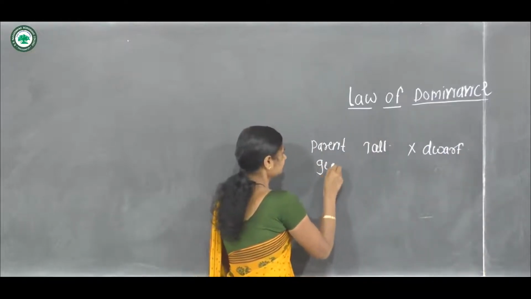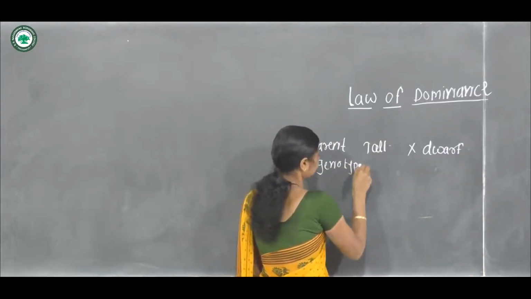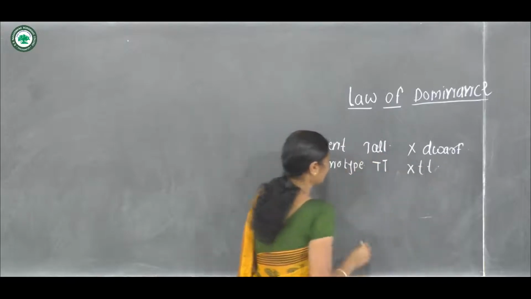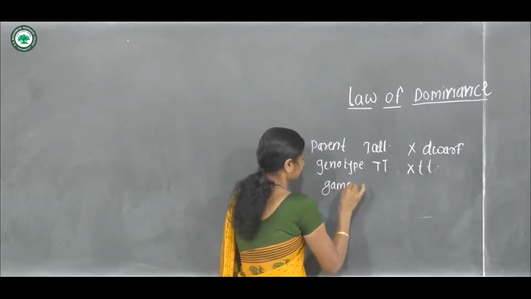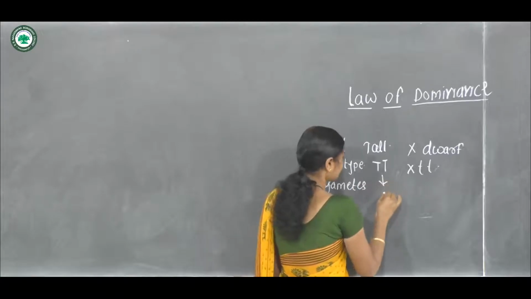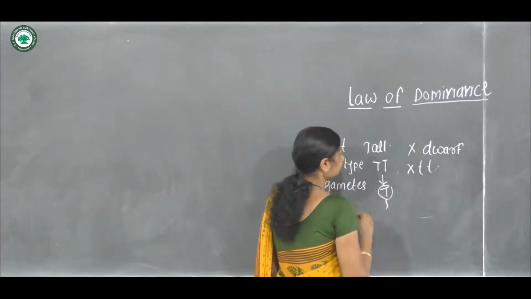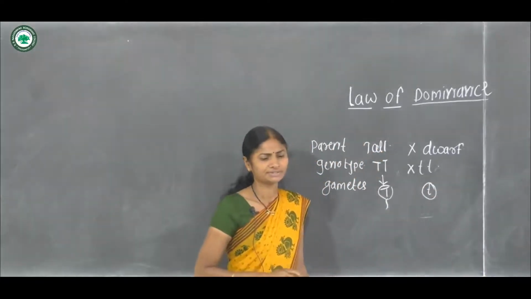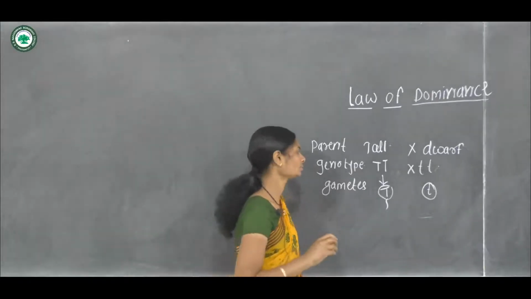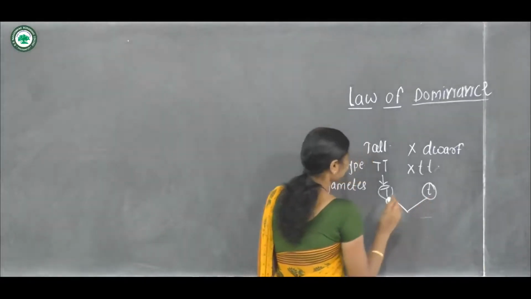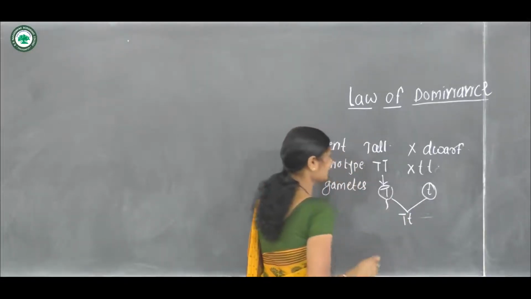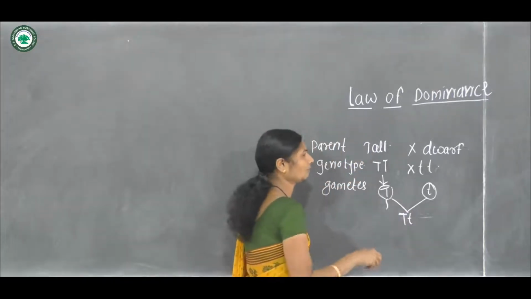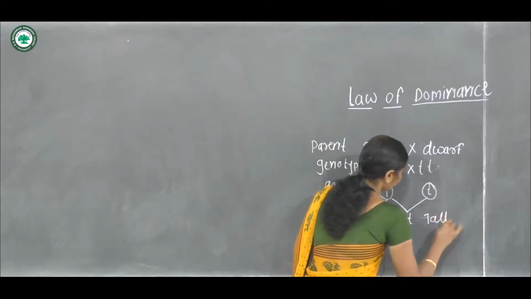Genotype: capital T, capital T and small t, small t. The gametes are capital T from the male parent and small t from the female parent. When these two gametes are crossed in F1, a heterozygous offspring is developed. But here T is the dominant character, and the developed offspring is tall.